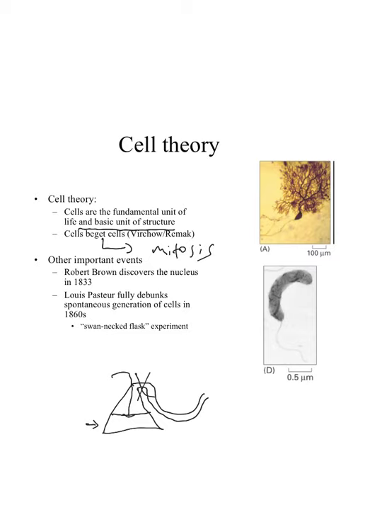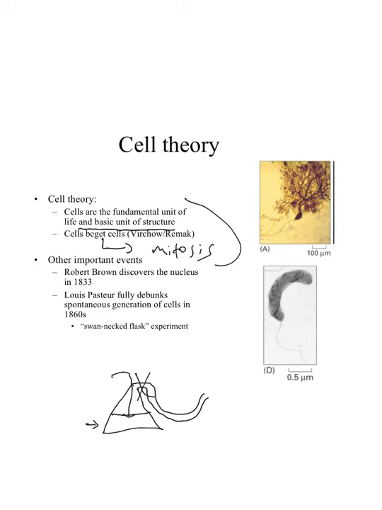So Pasteur devised this very clever experiment to show that spontaneous generation isn't possible. We need an inoculation. In other words, we need a cell to beget other cells. So the combination of these two ideas formulates the basis of cell theory, and we still think about that as the working principle of cell biology today.